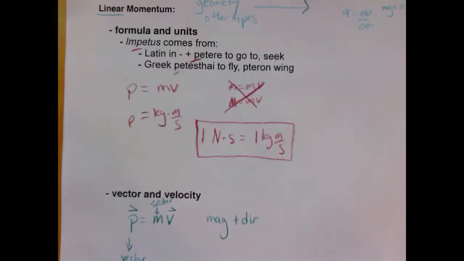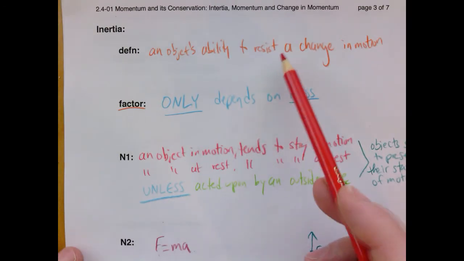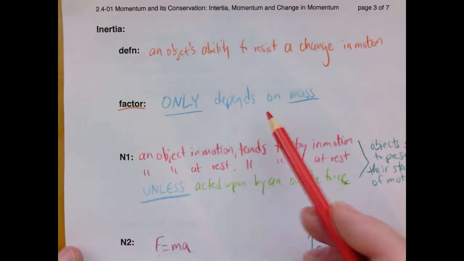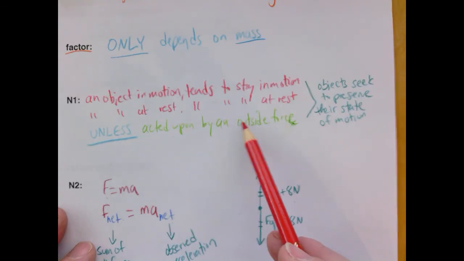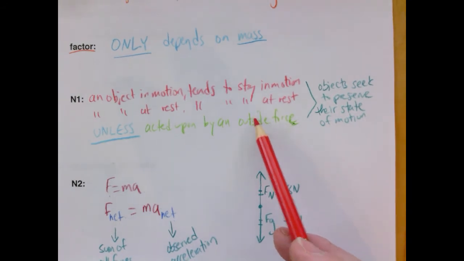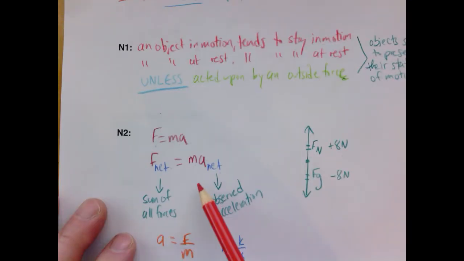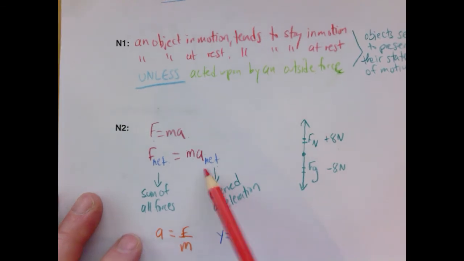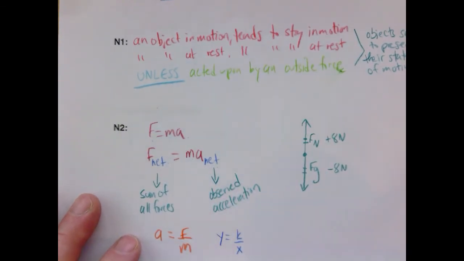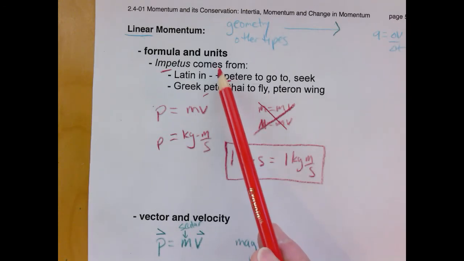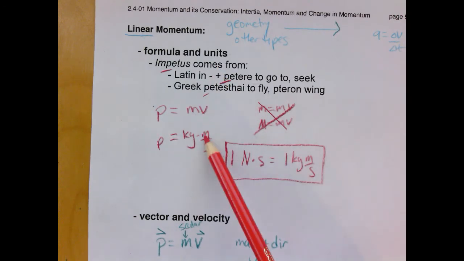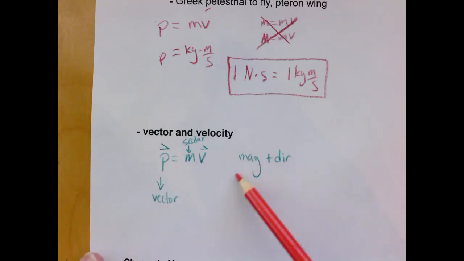So in short, today in this lesson, we defined inertia. We saw some examples where it depends only on the mass. We defined Newton's law as it relates to inertia and momentum. I exposed you to Newton's second law, which is going to increasingly come up as we study momentum. We defined linear momentum, the formula and its units. We explored the vector nature of momentum.